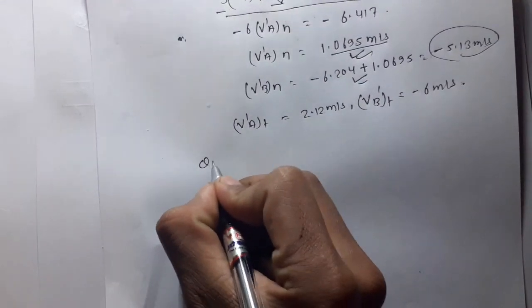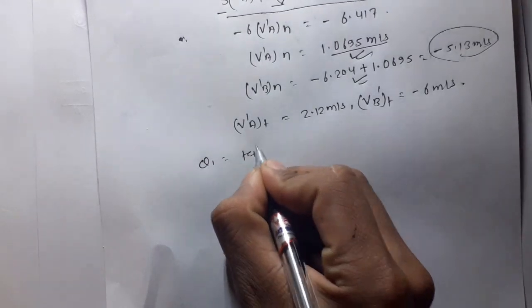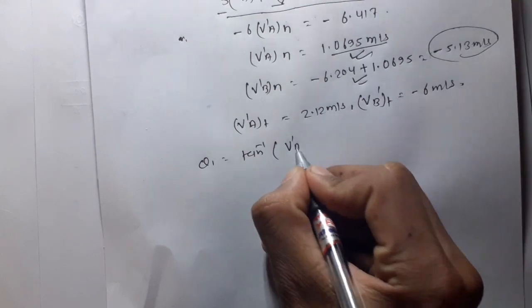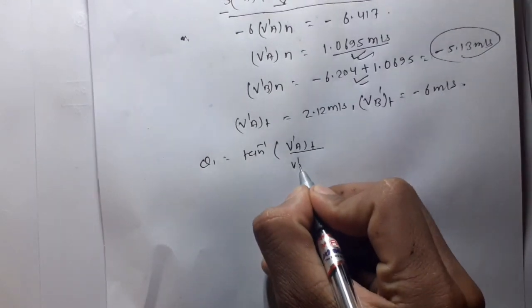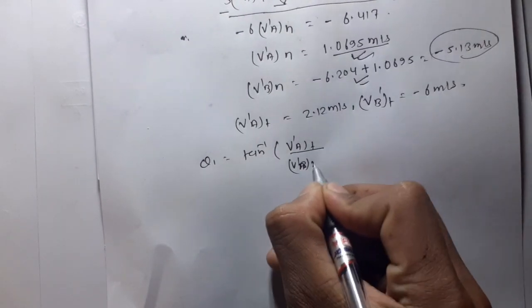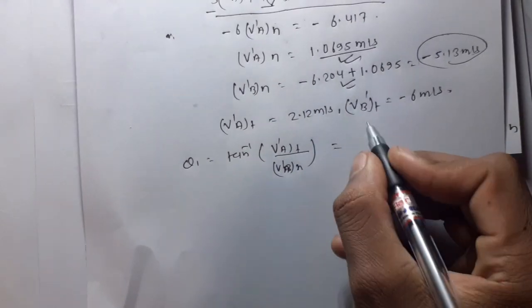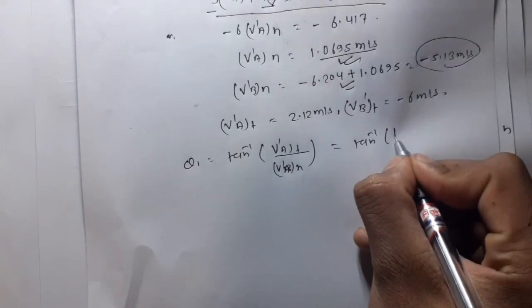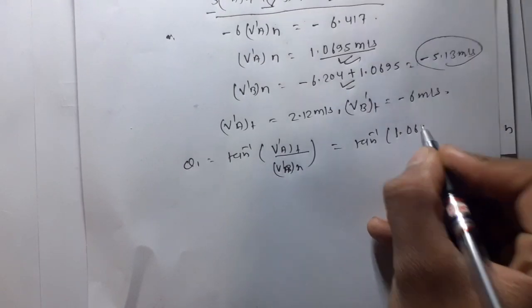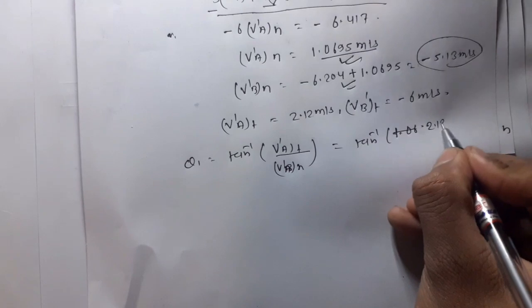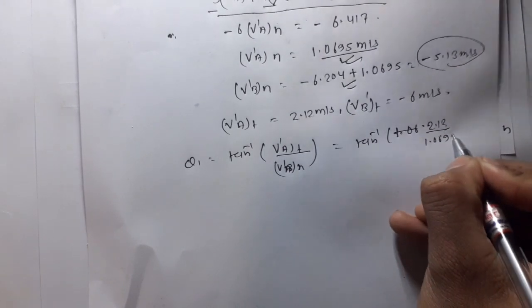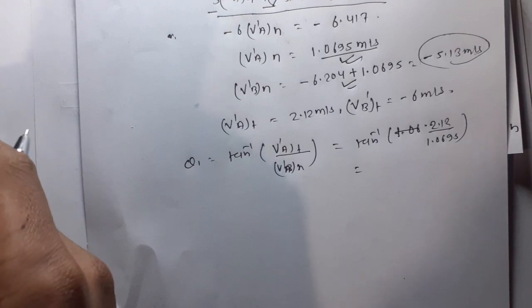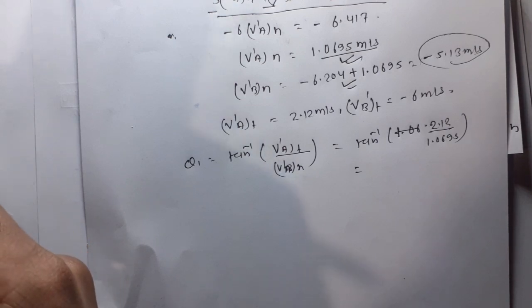So theta 1 is equal to tan inverse of v'AT upon v'An, which is tan inverse of 2.12 divided by 1.0695.